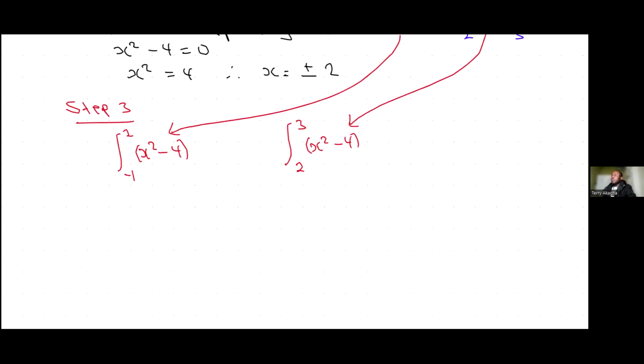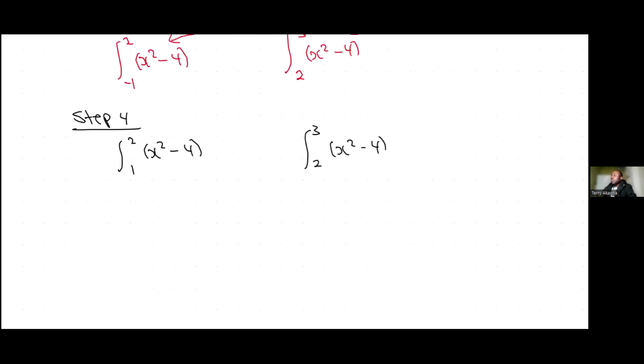The first one we have 2, 1, x squared minus 4. And the other one we have 3, 2, x squared minus 4. All right, so let's solve that.